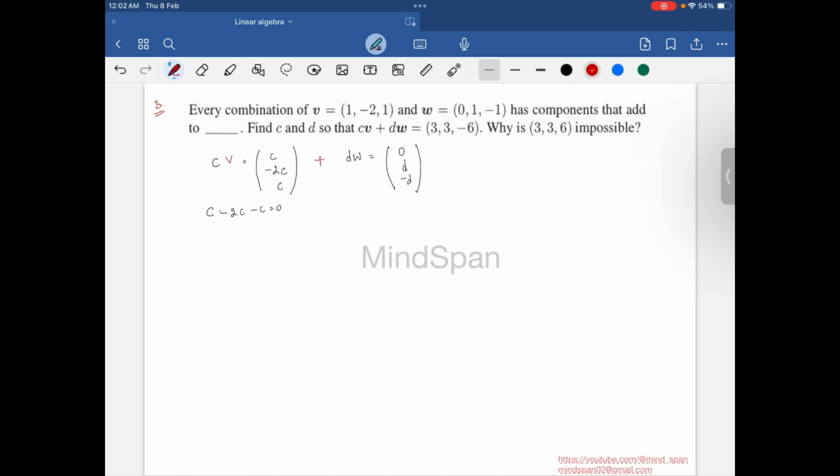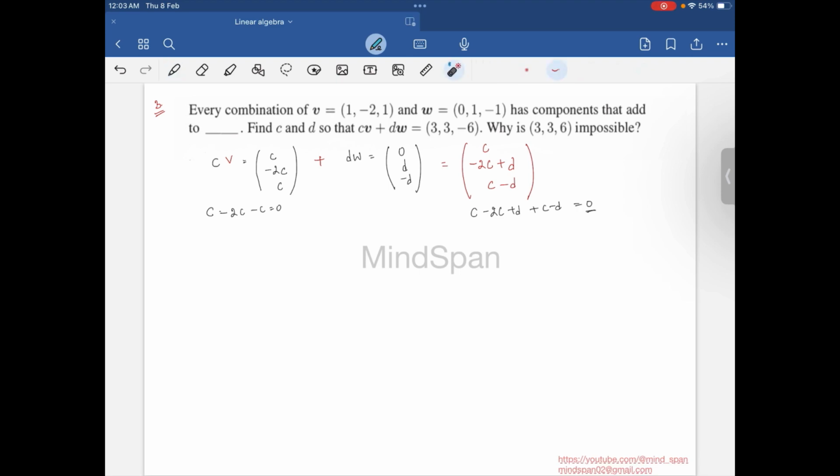And if you take every combination, we can do the plus, and what you will get is c minus 2c plus d and c minus d, right? And even if you take every combination of v and w, and if you add these components, what you will get is c minus 2c plus d plus c minus d, that is going to be 0, right?